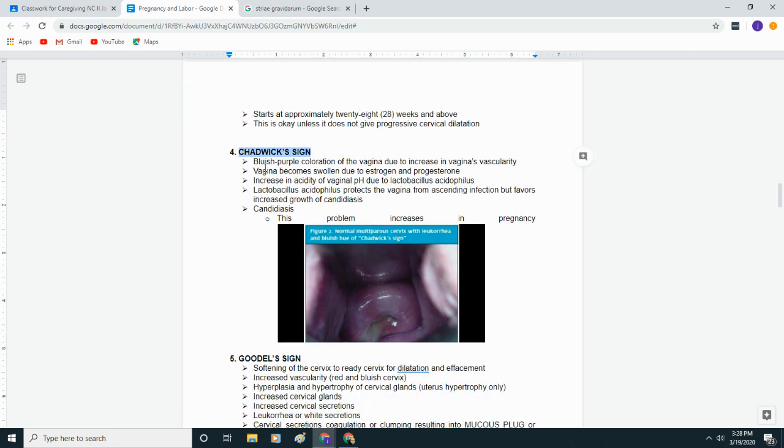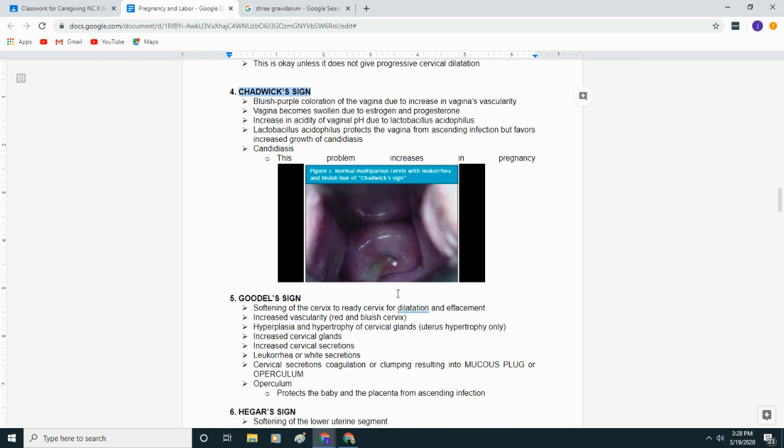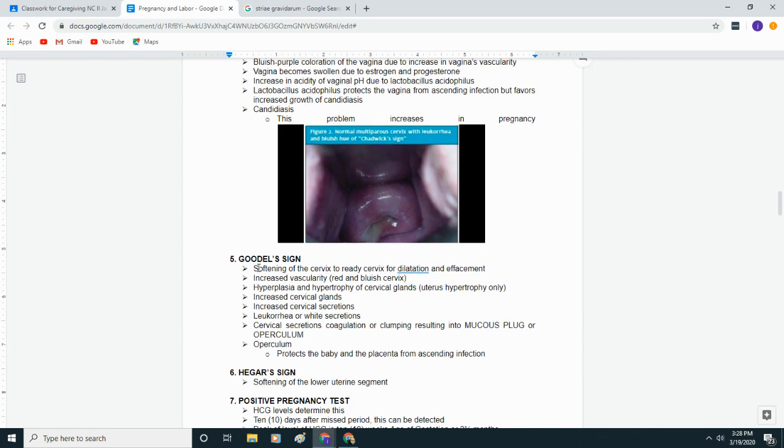When we say Chadwick sign, this is the bluish purple discoloration of the vagina because of vascularity. That's the color of your cervix. So that is the Chadwick sign. When we say the Goodell sign, this is the softening of the cervix, and it is dilating.